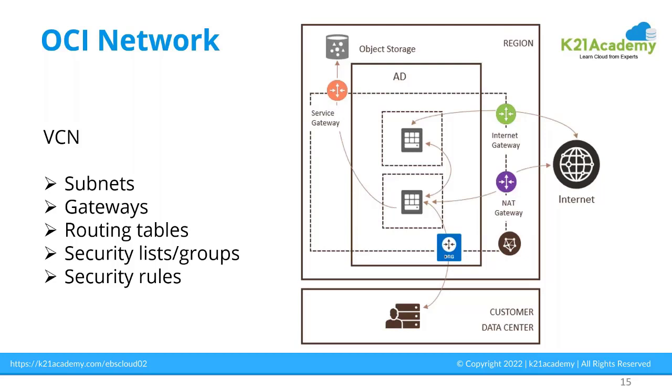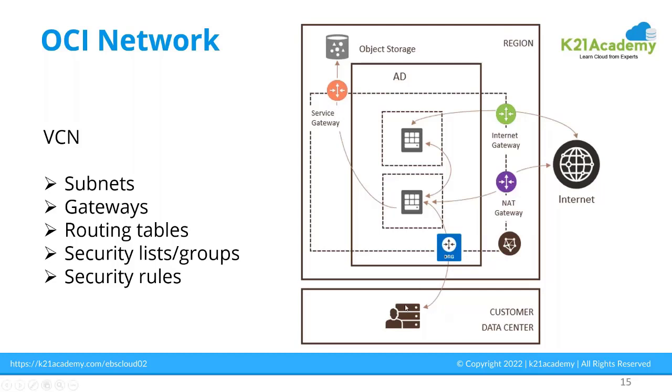Now, if you see this diagram, you are seeing multiple gateways here. One in green is the internet gateway, which is how you access the virtual machine from public networks. The other one in purple is the NAT gateway, which is used for virtual machines deployed in the private subnet. If you want internet access for downloading repositories or patches and updating YUM, you use the NAT gateway for instances in the private subnet.